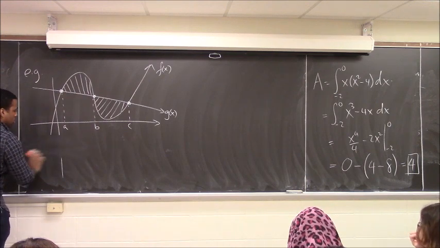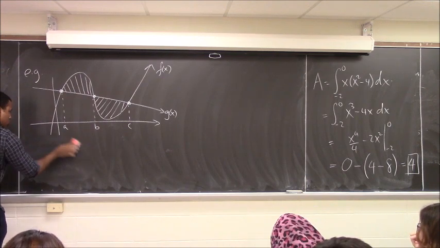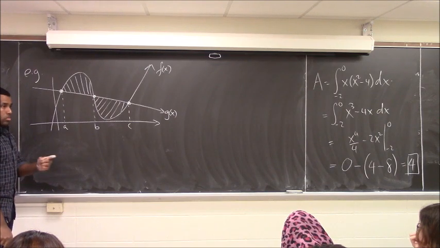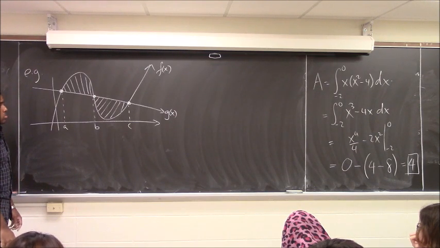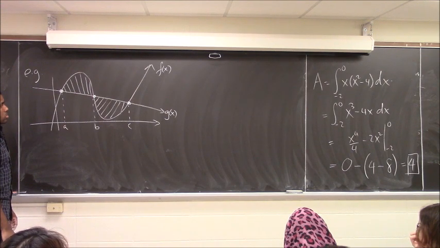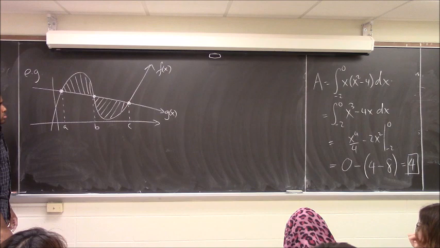So how would you go about doing that? And could you write down a formula to actually find that area? Yeah? We can do the integral from a to b of f of x minus g of x plus the integral from b to c of g of x minus f of x. Right, so that was the formula.